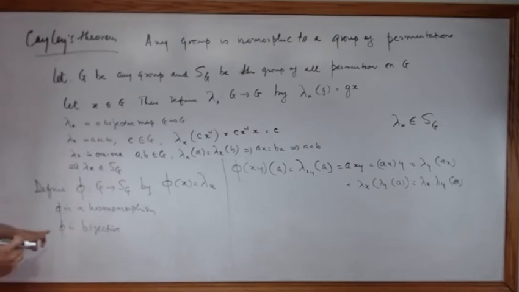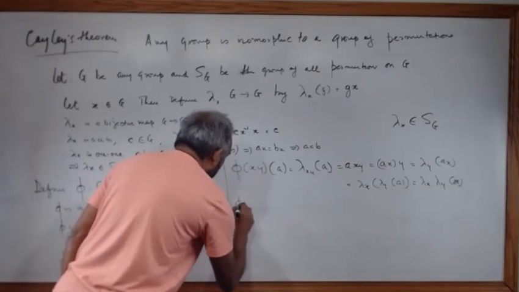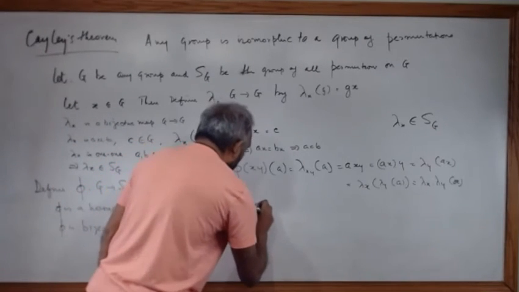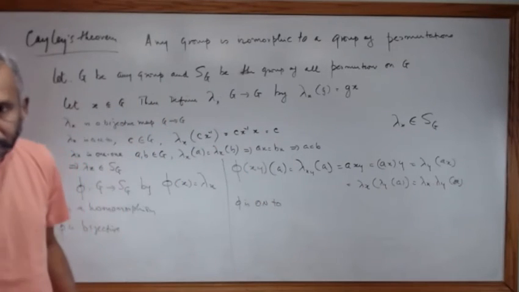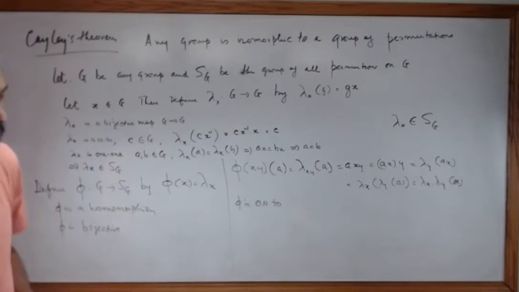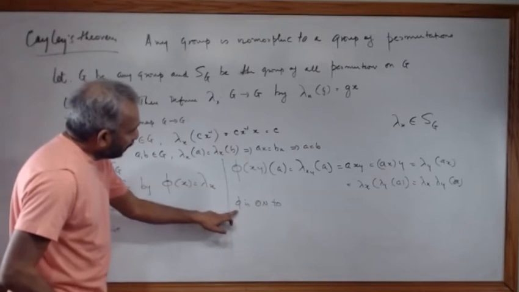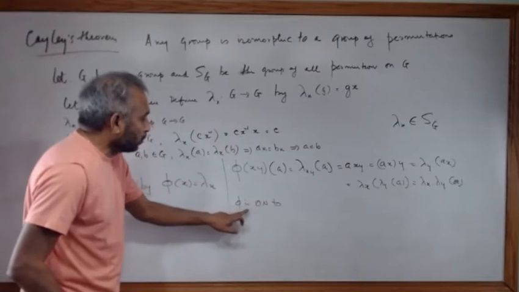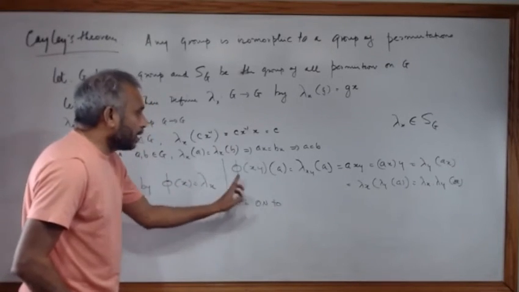Now we have to show that it's a bijective map. We don't need to show that phi is onto, because we are going to consider the image of phi.